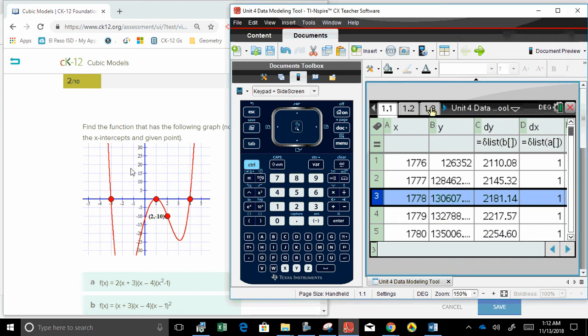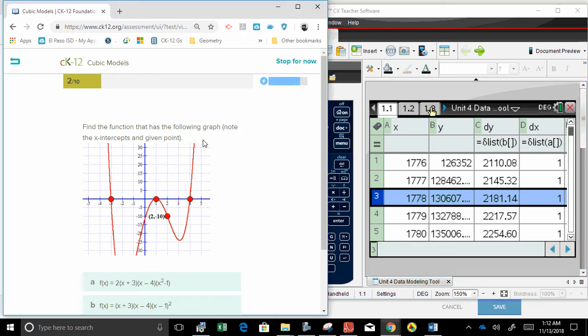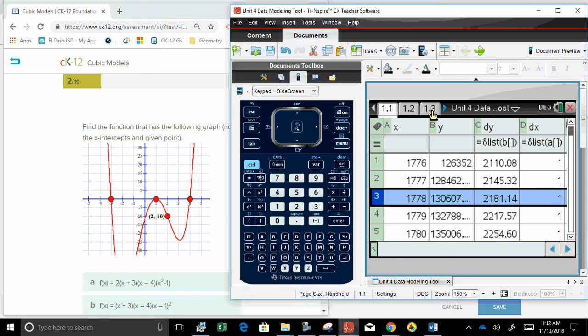So, cubic models. Find the function that fits the graph with x-intercepts at the given points.